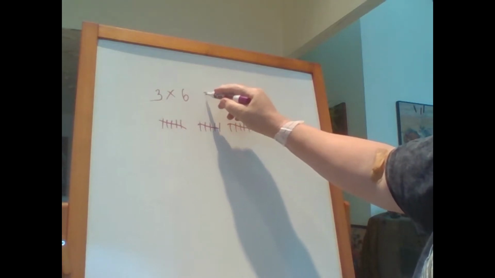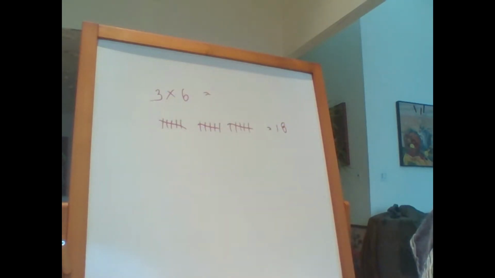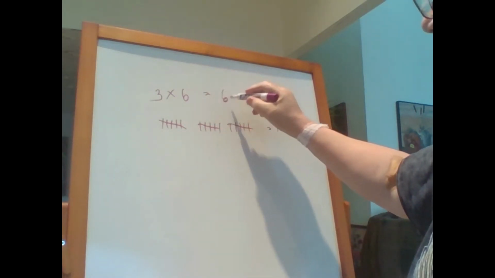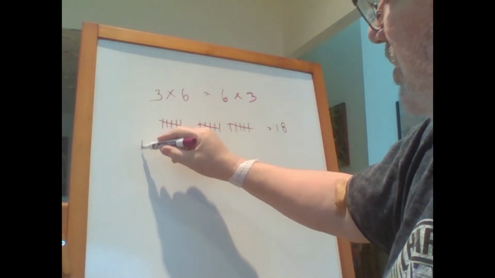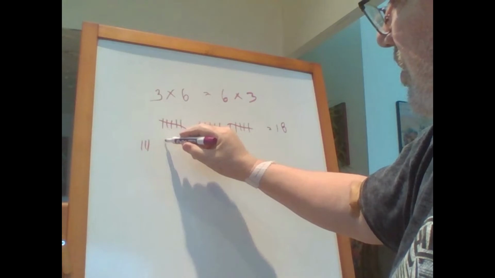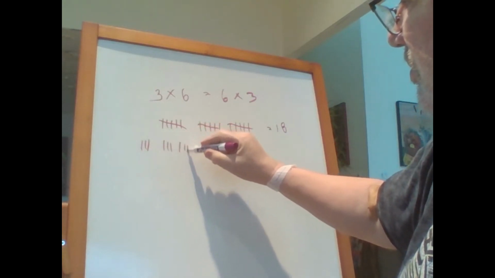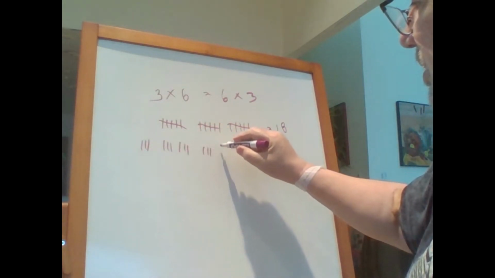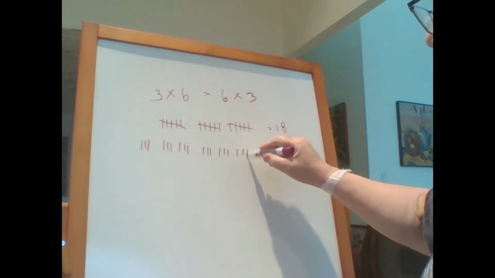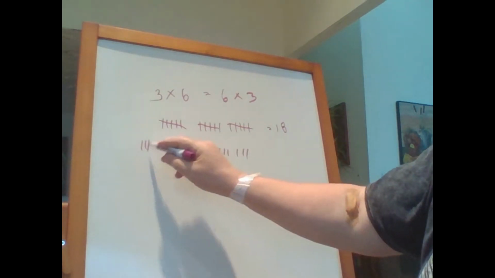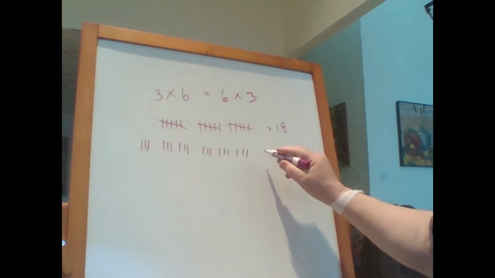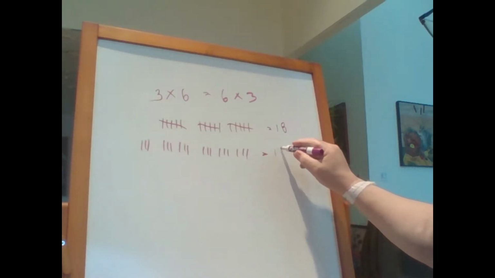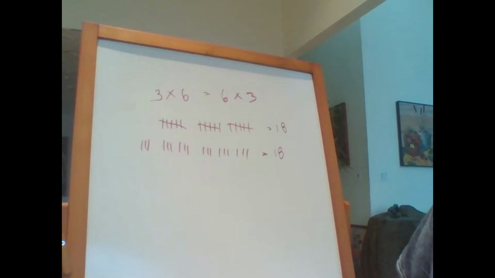This can also be read as 6 groups of 3. And that's 1, 2, 3, 4, 5, 6 groups of 3. And when you count them, it comes up to 18.